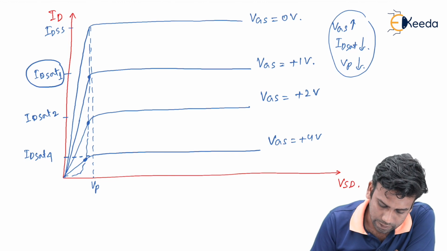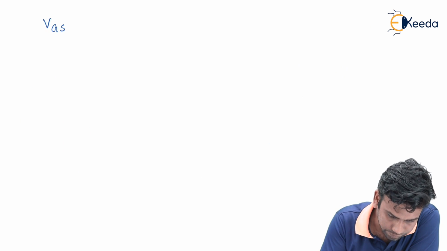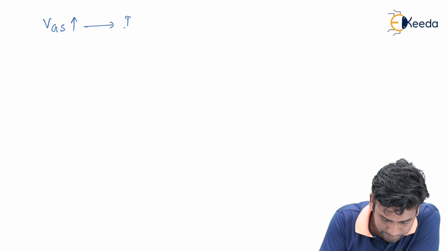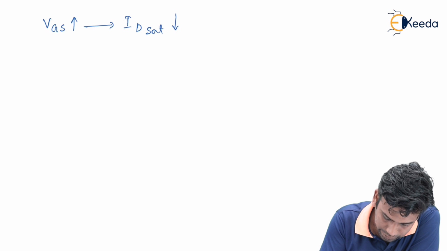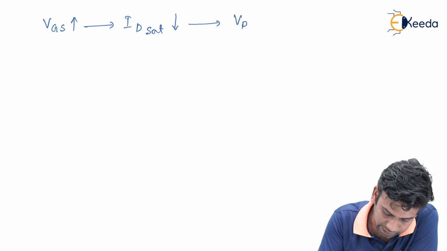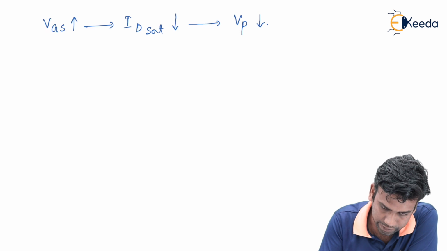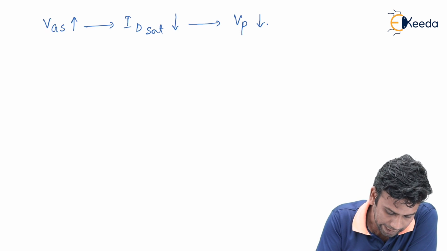So we can see that as VGS is increased, the ID saturation value will be decreased, and the pinch off voltage value VP will also be decreased.